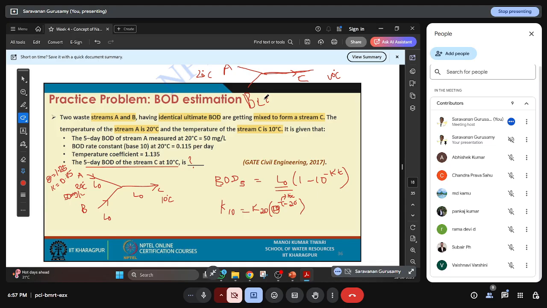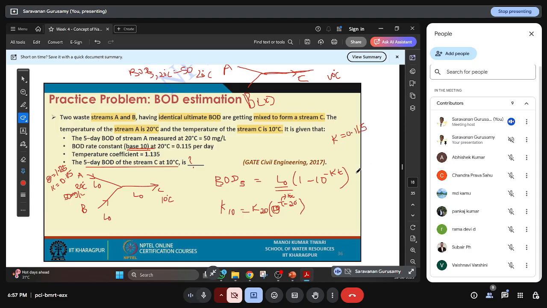We don't know X. It is given that the 5-day BOD of stream A, BOD 5 comma 20 degrees, is given as 50 for river A. The BOD rate constant at 20 degrees is base 10. I think Sir has asked this question, right? Base 10 they gave. So K is 0.115 at base 10.